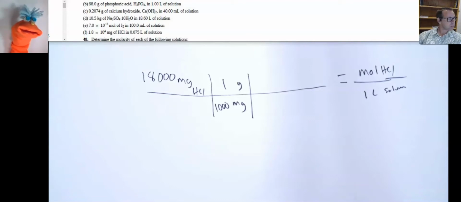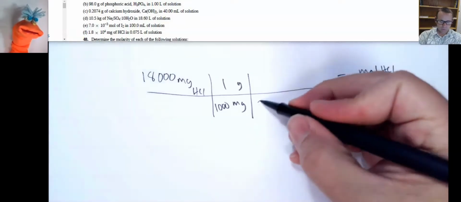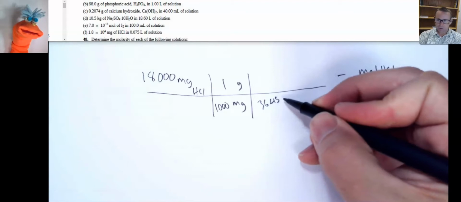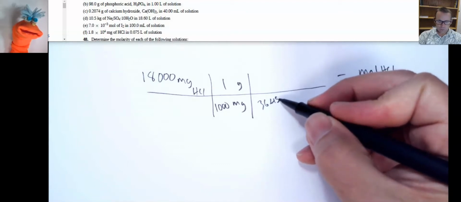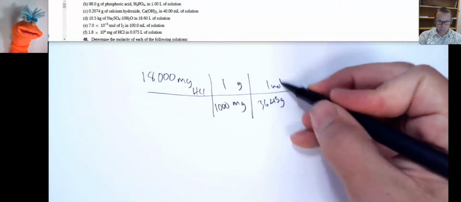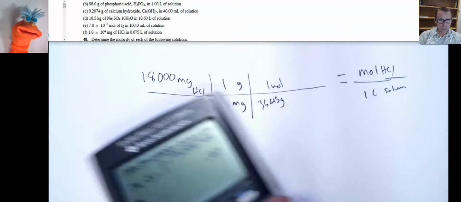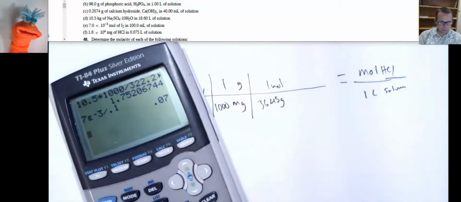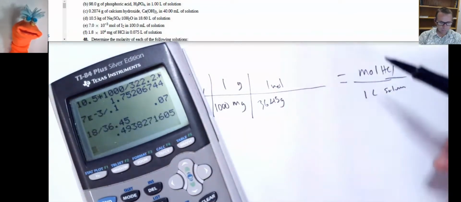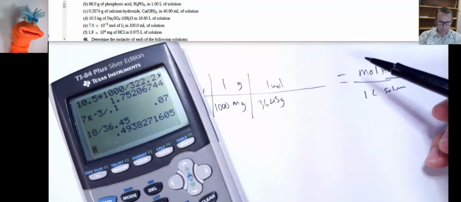Yeah. So HCl is, chlorine is 35.45 plus 1, 36.45. So 36.45 grams for every 1 mole. All right. So 18,000 divided by 1,000, which is just 18, divided by 36.45, 0.4938.